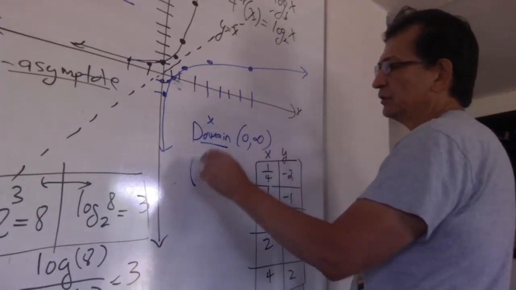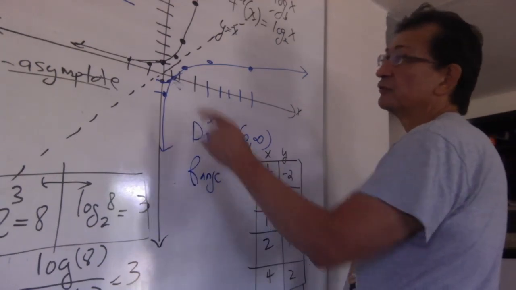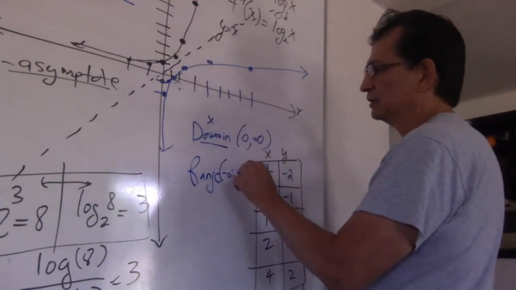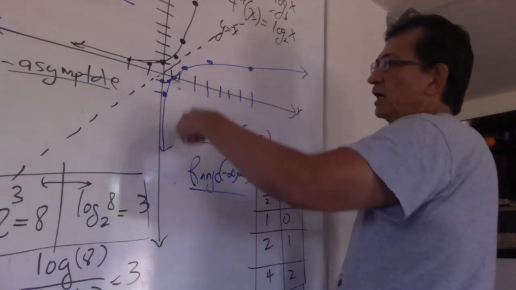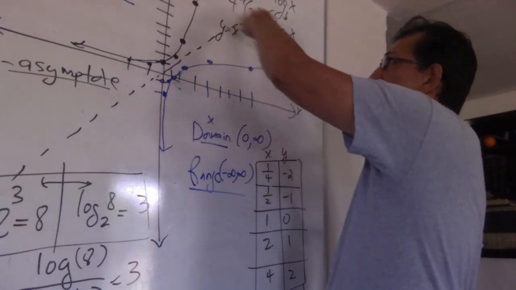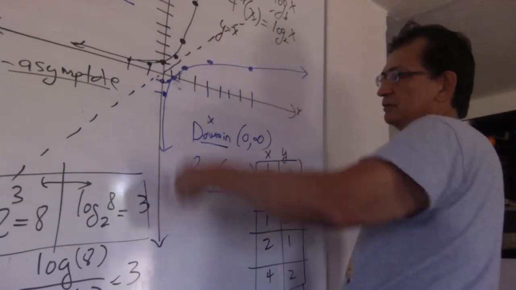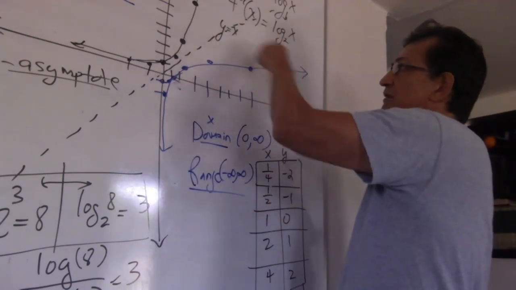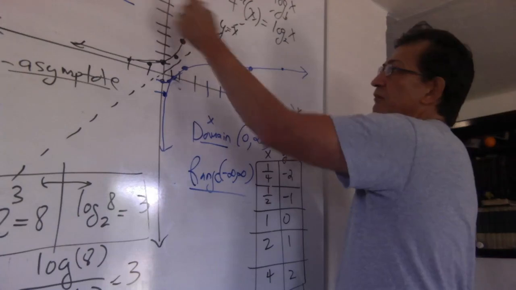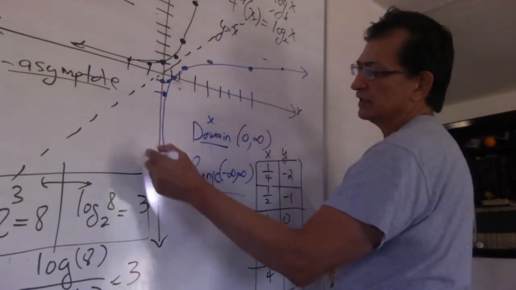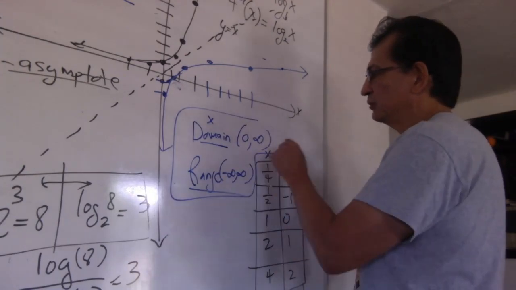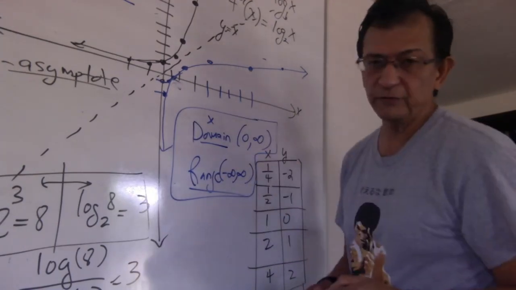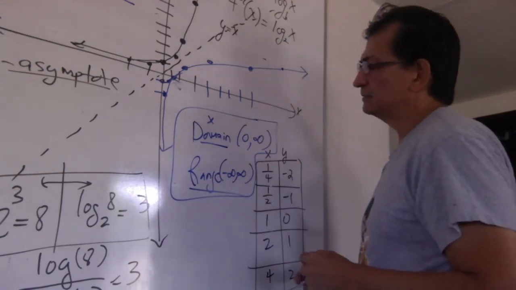The range for the log function is all real numbers. It makes sense because we could have a y value all the way through. If I have a point right here, I'm going to have a y value going this way. So there's always going to be a y value. This is the domain and range of a log function.